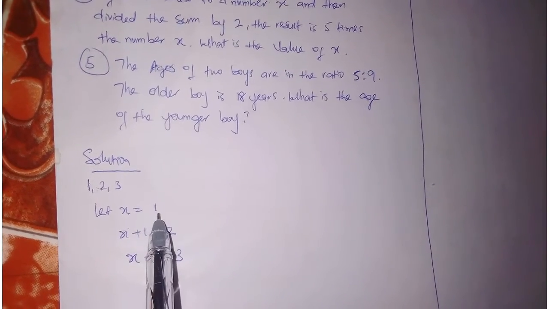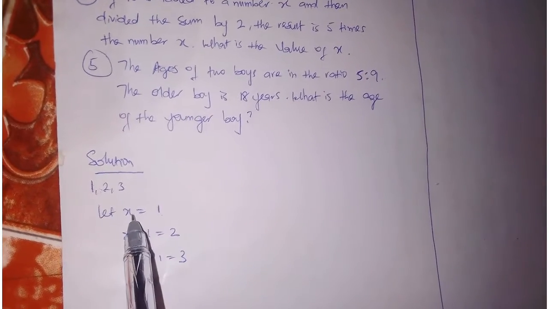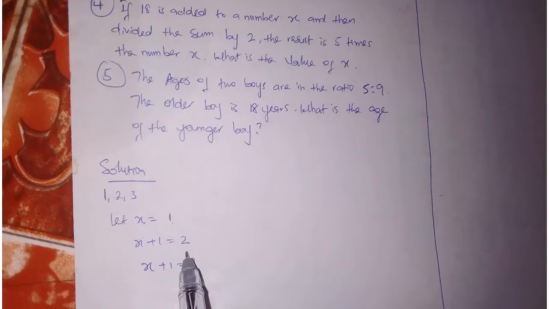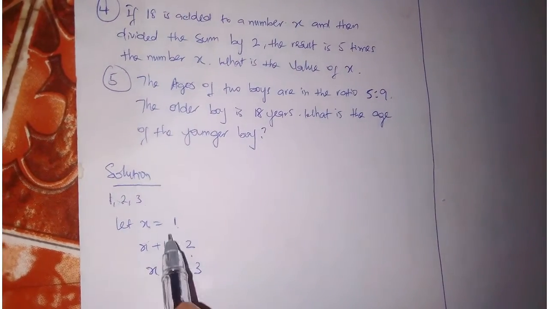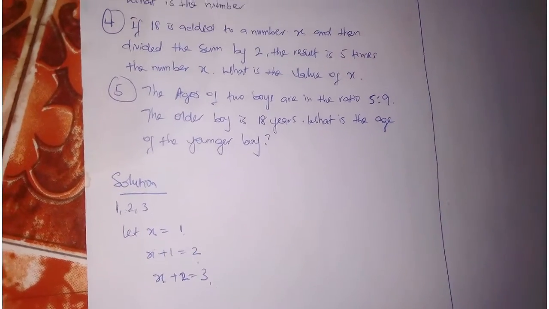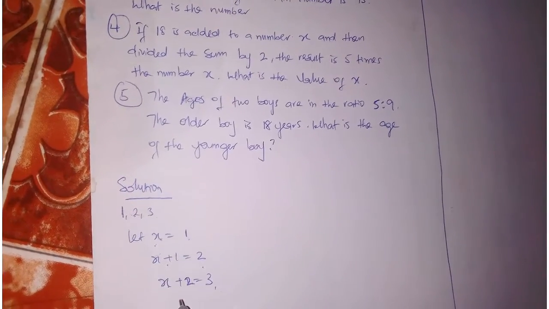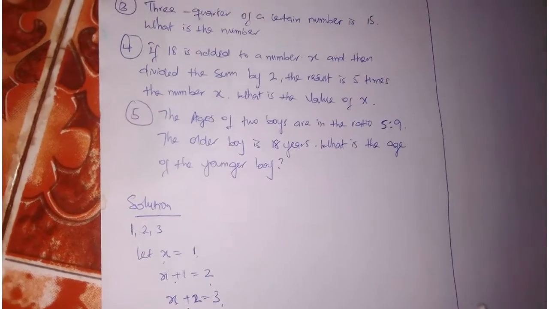If x is 1, to get 2, x plus 1 means 1 plus 1, that's 2. X plus 2 means 1 plus 2, that's 3, because my x is 1. So these are the three consecutive numbers I'll be using now: x, x plus 1, and x plus 2 to solve my question.